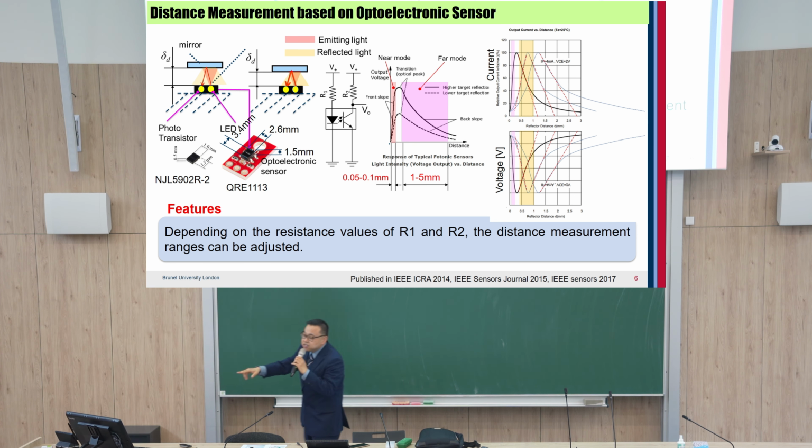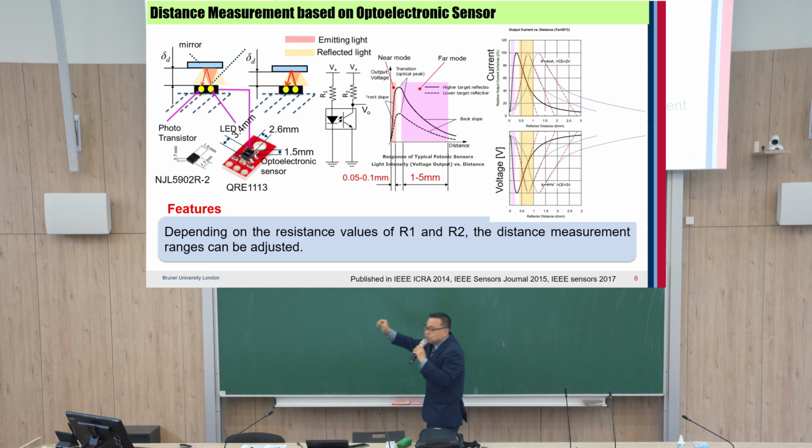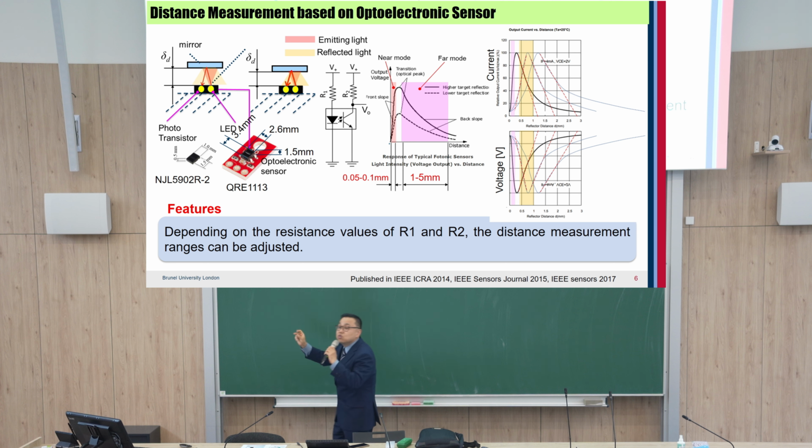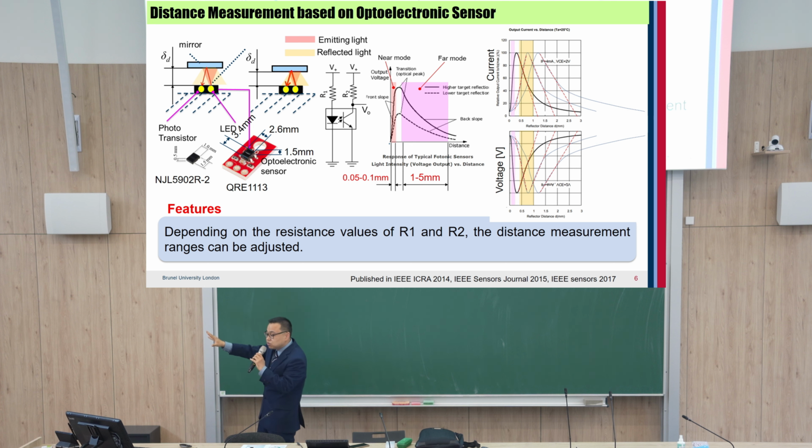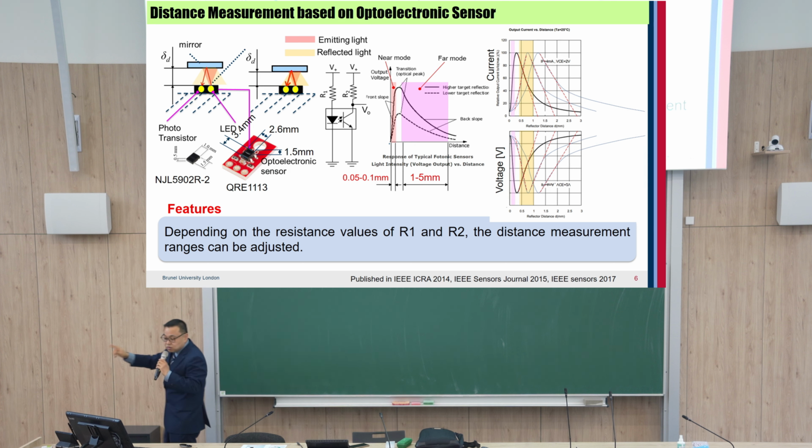So this sensor can measure very tiny distance ranging from 0.05 to 0.1 milli. And then the other distance measurement range is from 1 to 5 milli, okay?